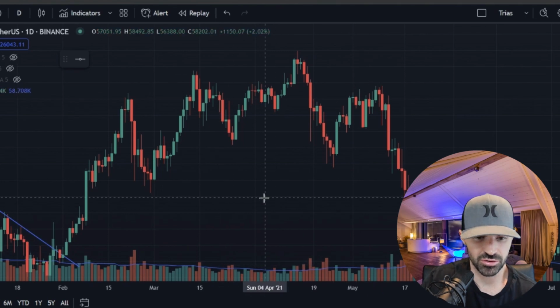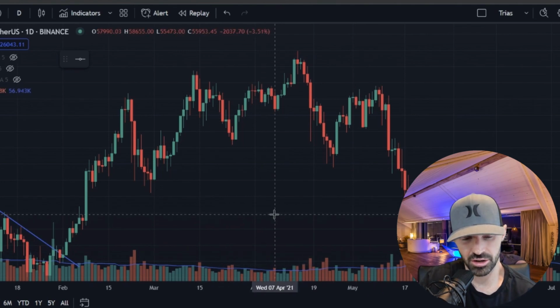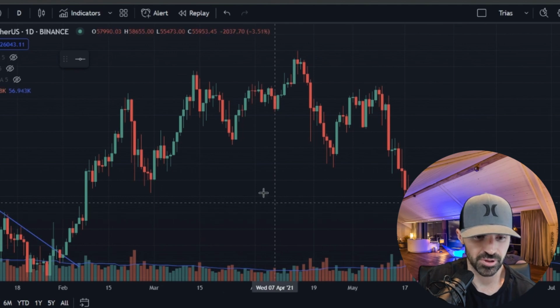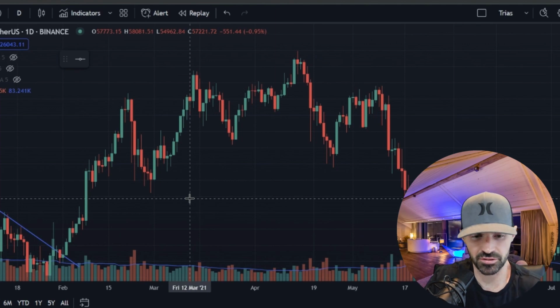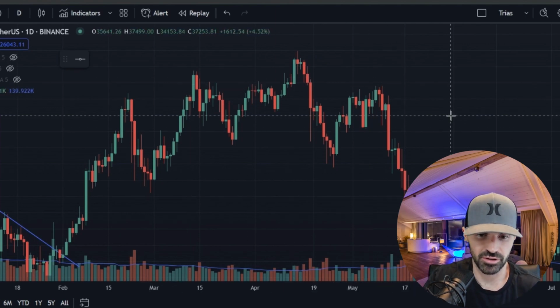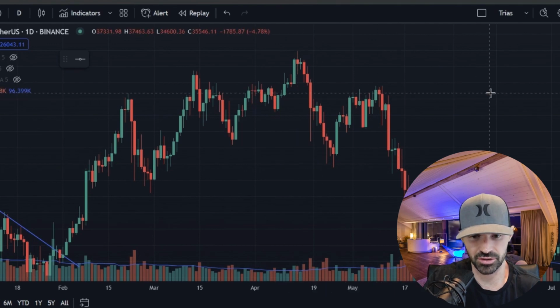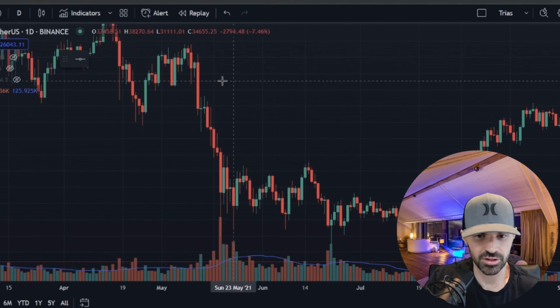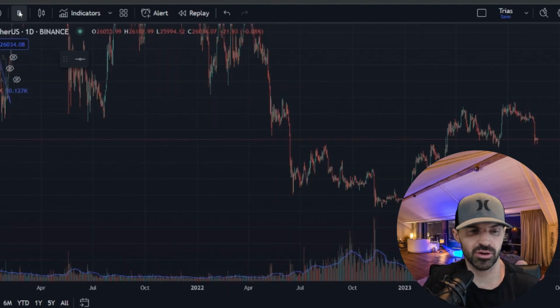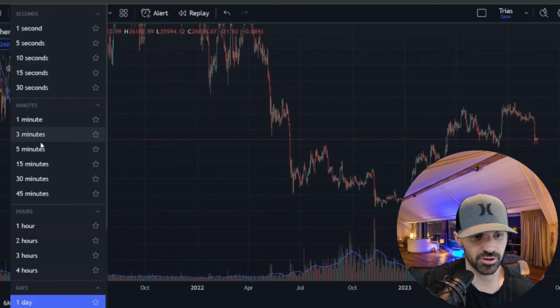So as a trader, this should be a red flag. You should note that the volume is not there, so therefore there are not enough buyers in the market. So eventually, as you can see, the price just completely sold off, and it took a dip. So I'm going to drop it down to a lower time frame.